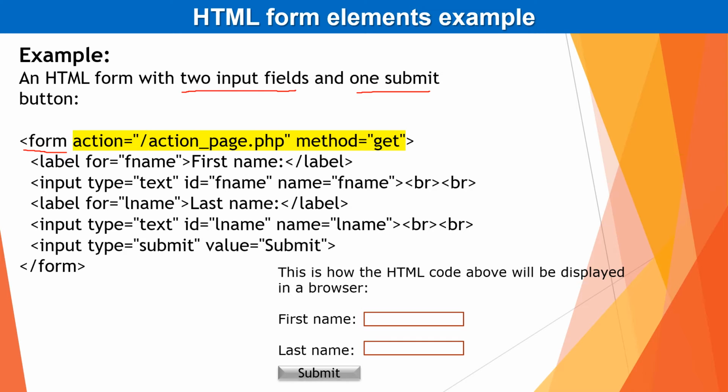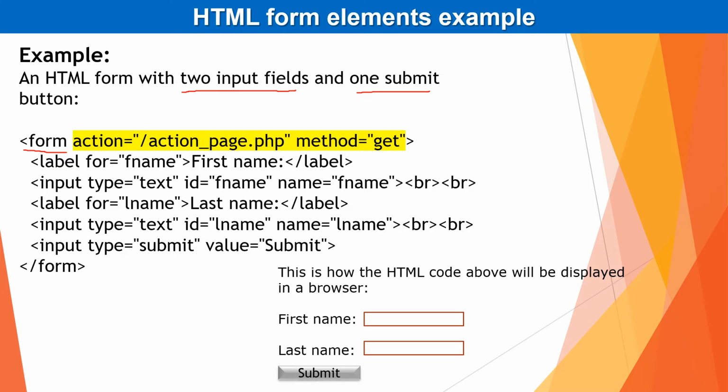The text is the text material inputted by the user. Now, id is also an attribute. The id of this text is fname, that is we have to give the first name, and the name is equal to fname, that is also an attribute.